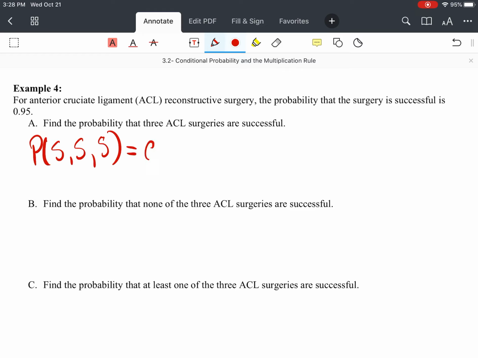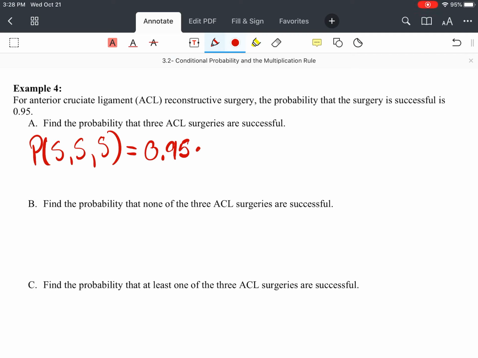Okay, so the probability of the first success is 0.95. Now, one thing we need to take a look at is, is this dependent or is this independent? Does the success of one surgery affect the success of the second surgery? Well, in this case, no. The success of one does not affect the success of a second one.